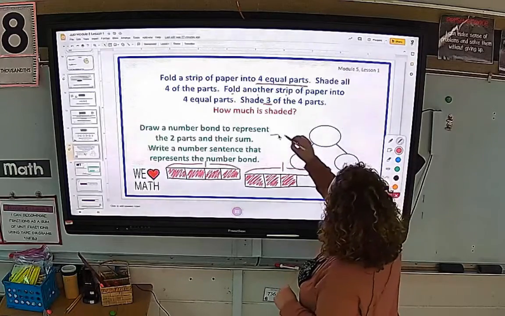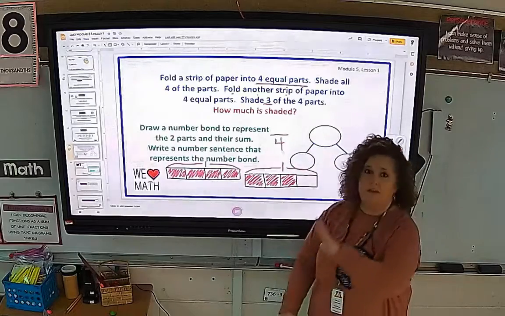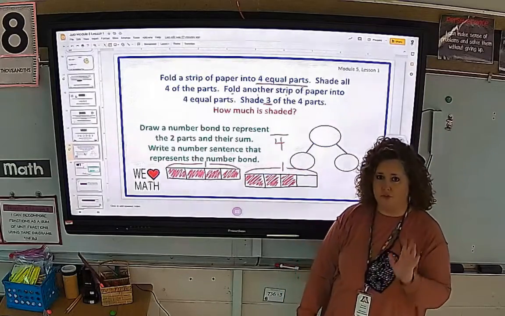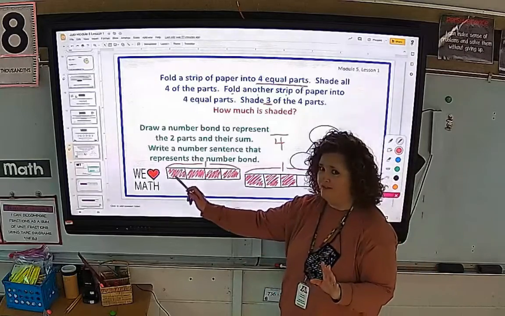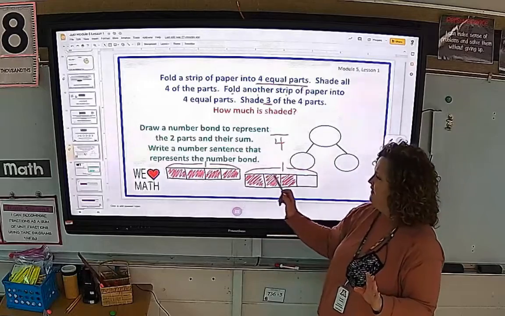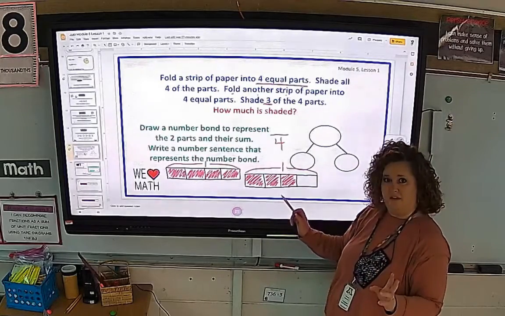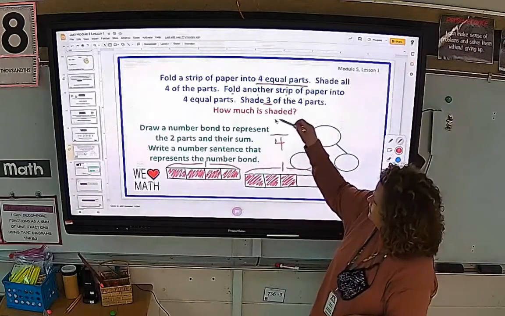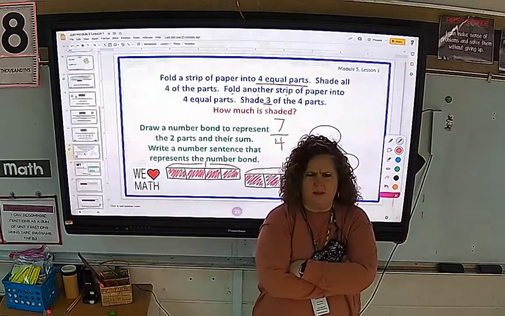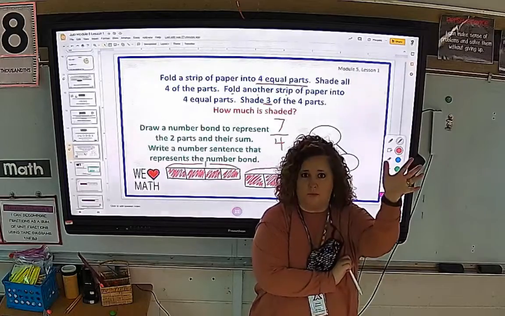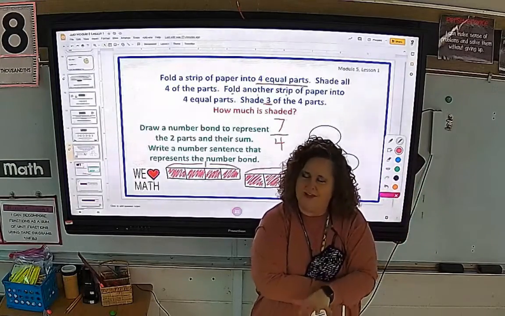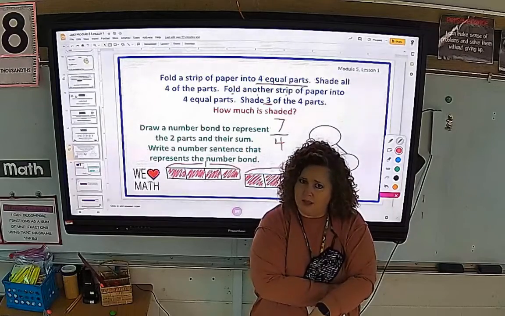Okay, these are fourths. Now, how many fourths do we have? We have 1, 2, 3, 4, 5, 6, 7 fourths. Now, we talked about this before you guys left for Christmas. Are you allowed to have a fraction that has a larger number on top in the numerator and a smaller number on the bottom as the denominator?